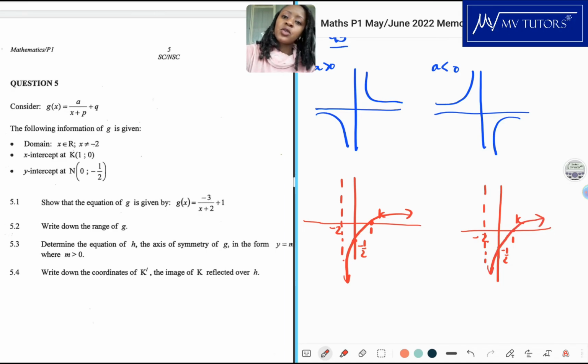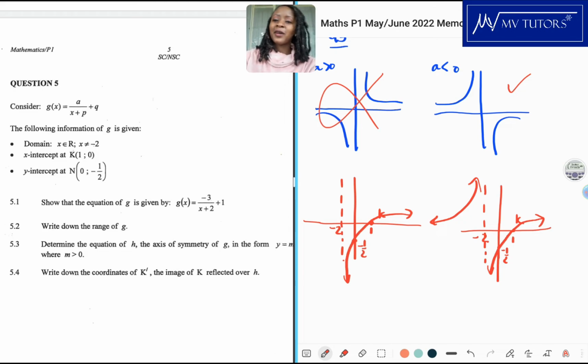So then what do we know about a? A cannot be bigger than 0. A has to be negative. Therefore, we don't have this scenario over here. It has to be this.